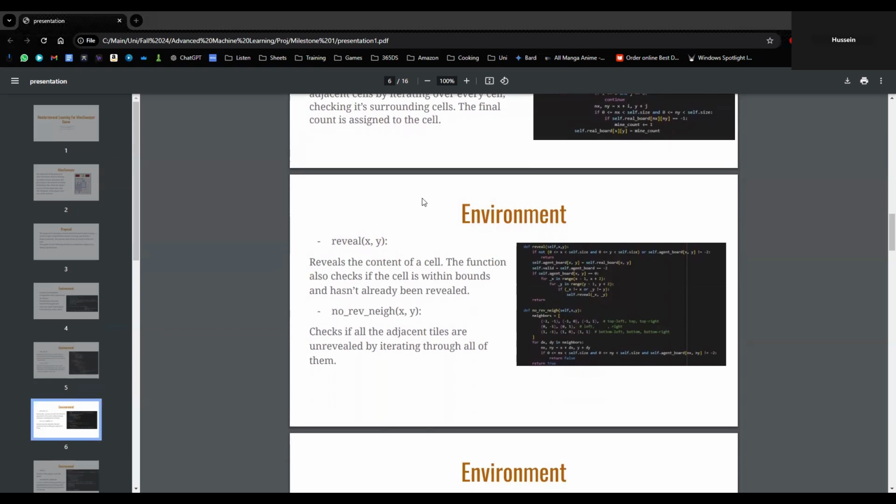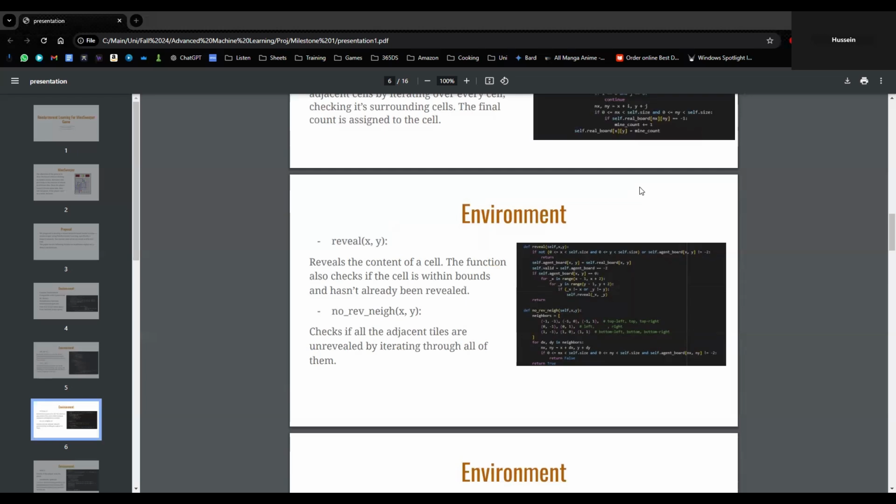Then we have two other functions, reveal and no revealed neighbors. The first one, reveal, just reveals a cell and then recursively goes through the cells beside it, because if you reveal an empty cell and then there are more empty cells around it, usually in the classic version of the game, it reveals those cells too. And no revealed neighbors checks that a cell has zero revealed neighbors.